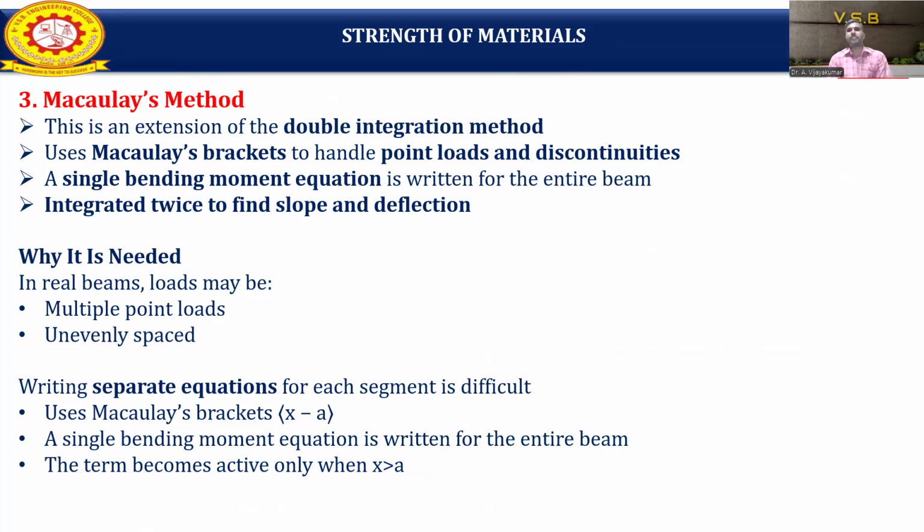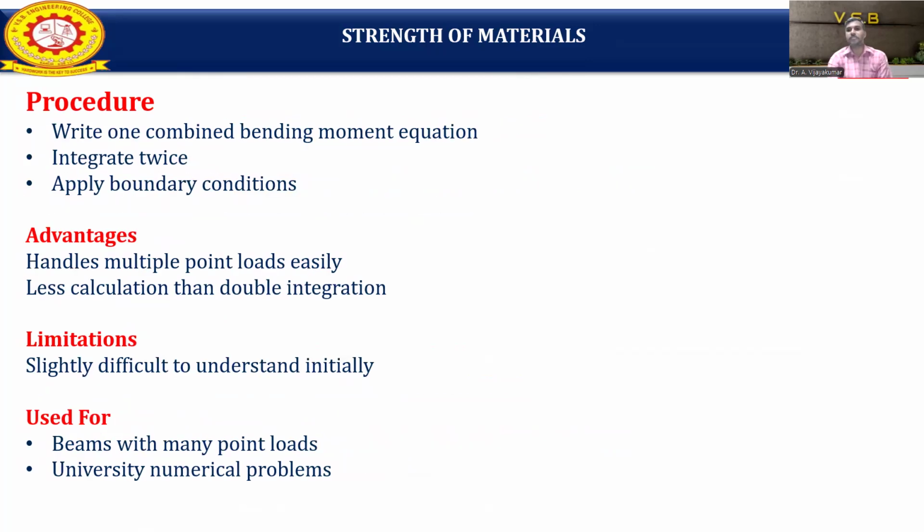Using Macaulay's method, we can form a single equation, that is called the Macaulay bracket, (x minus a) equations. A single bending moment equation is written for the entire beam with different loading conditions. The terms become active when x is equal to a. That boundary condition is applicable for Macaulay's method.